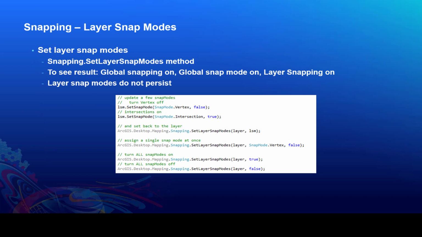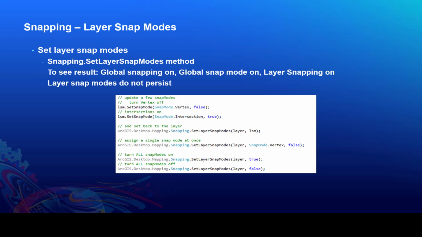Okay, to set layer snap modes, we use another method on the snapping class called setLayerSnapModes. Let's take a look at the code down the bottom of how we do this. The top method there uses the layer snap modes object that we retrieved from the previous slide, and we say set snap mode, vertex in this case, and false. I don't want to snap to vertices in this layer.